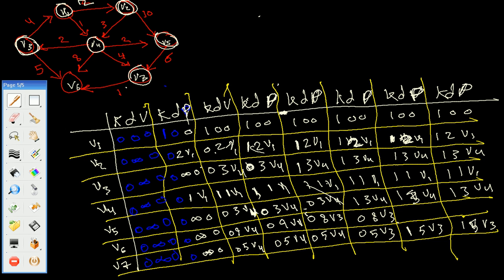So V1 to V4 is 4. So it's 0, 0, 6, and the previous one is V7.